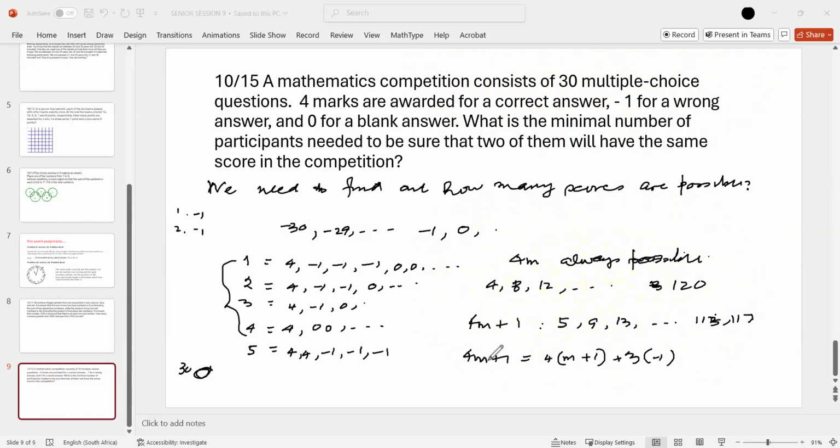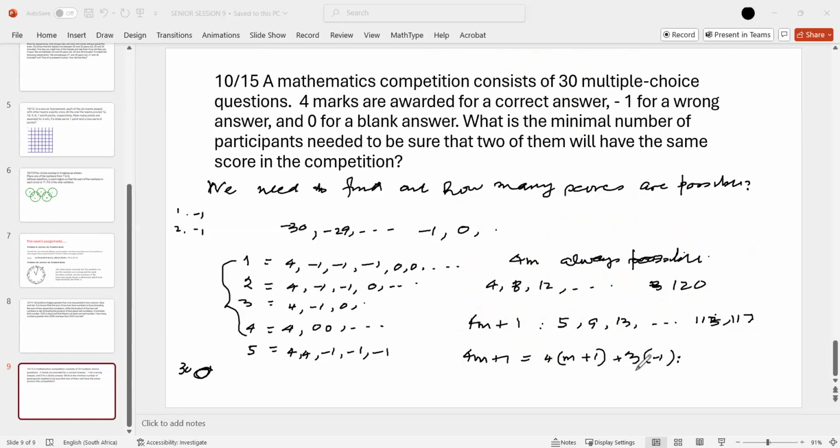Right. So you can get 4m plus 1, like what we did there. But you have to adjust how many 4s you need to have. How many negative 1s do you have? So you get 4m plus 4 minus 3 gives you that. But here now, how many questions are answered here?